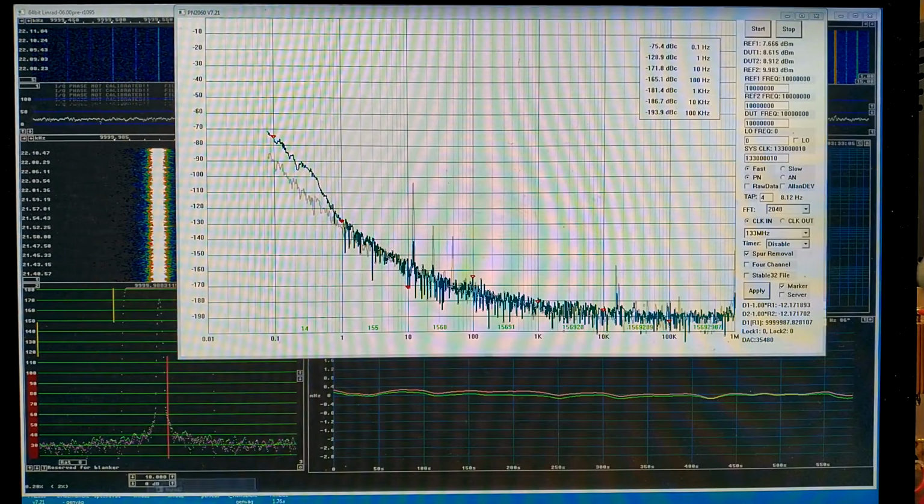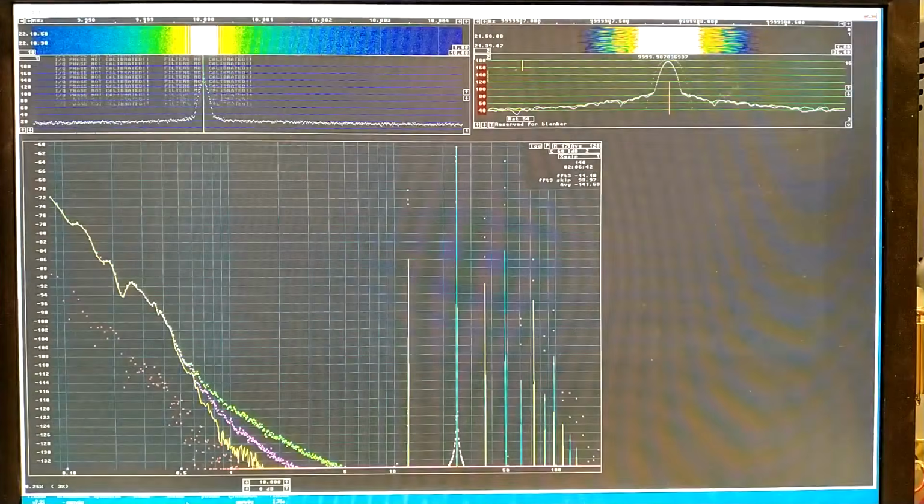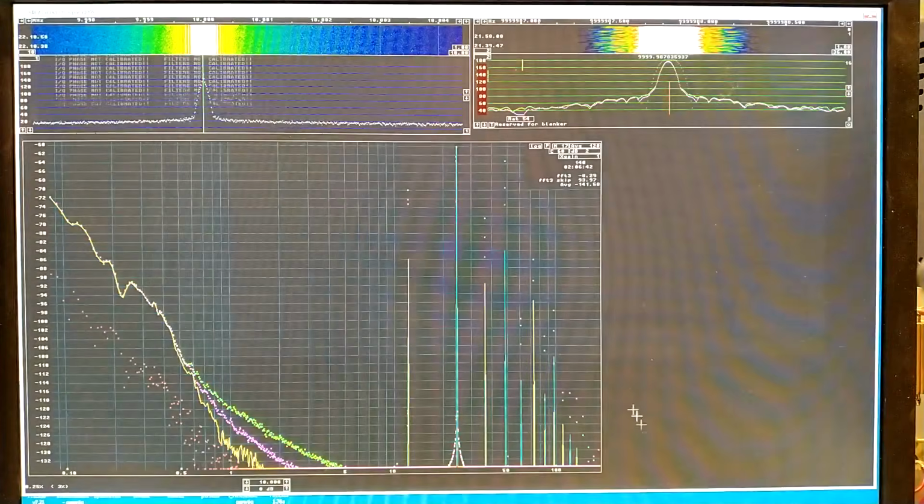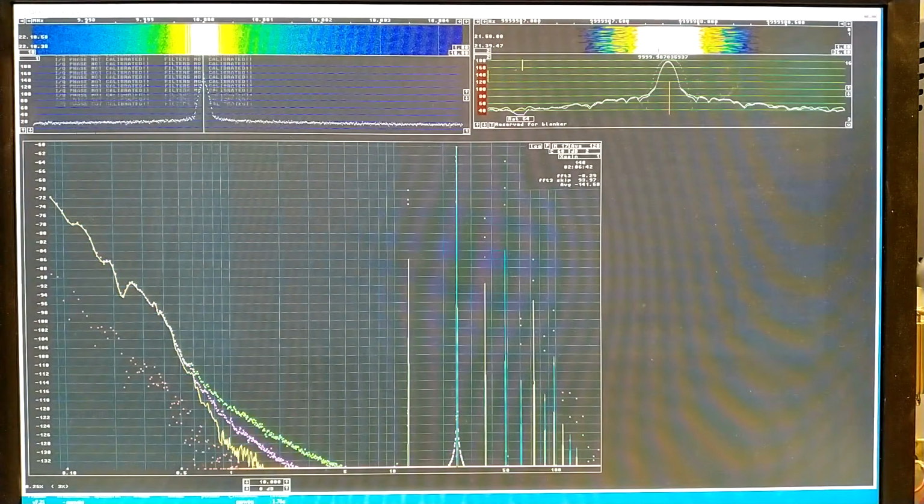And with Linrad, of course, I have the same. And here also. The conclusion: the problem cannot be caused by a single crystal.